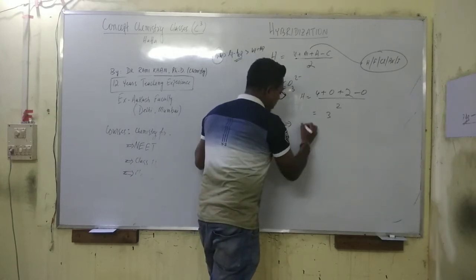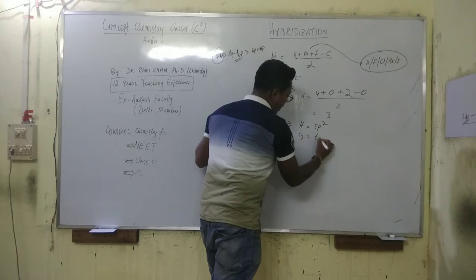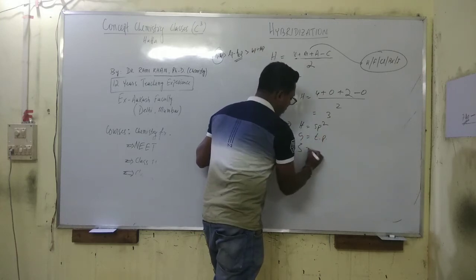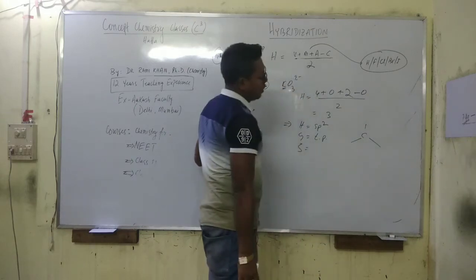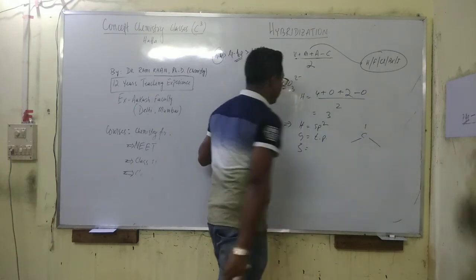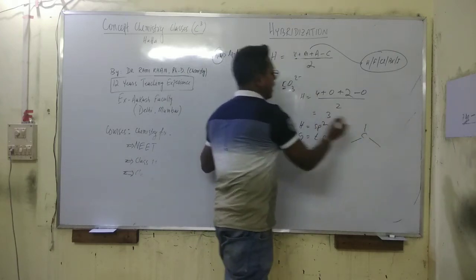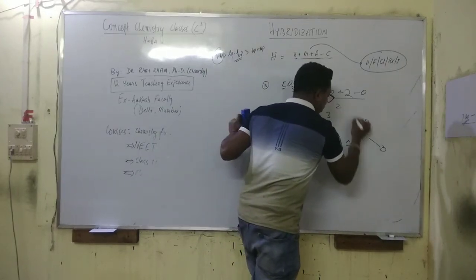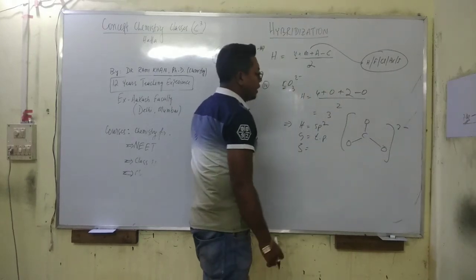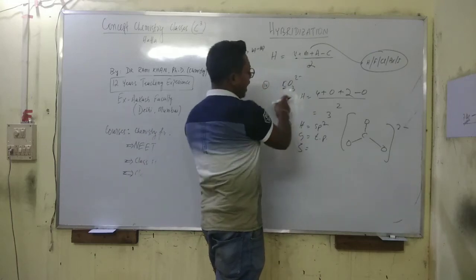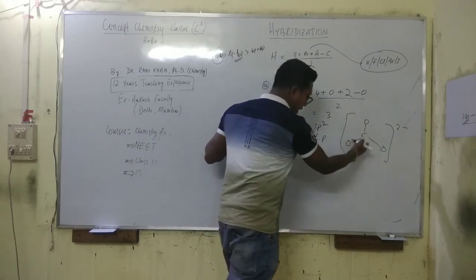Therefore this implies hybridization is sp2, geometry is trigonal planar. So 3 oxygen atoms will occupy these positions, therefore geometry and shape will be the same for this particular ion, because no lone pair is left on the carbon atom.